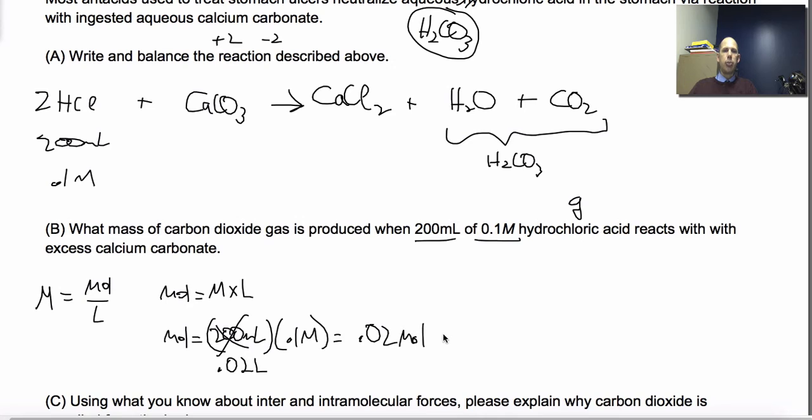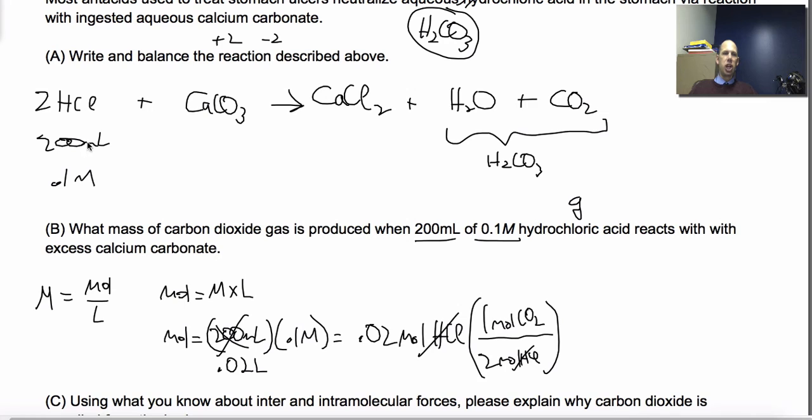And that's going to give me 0.02 moles of HCl, but I want grams of CO2. So I call this solution stoichiometry, solution coming from the fact that we're talking about the concentration of that aqueous HCl. I know that there are 2 moles of HCl every time I have 1 mole of CO2.